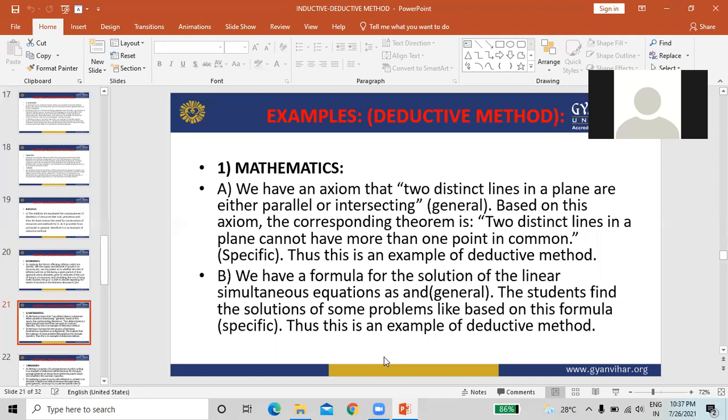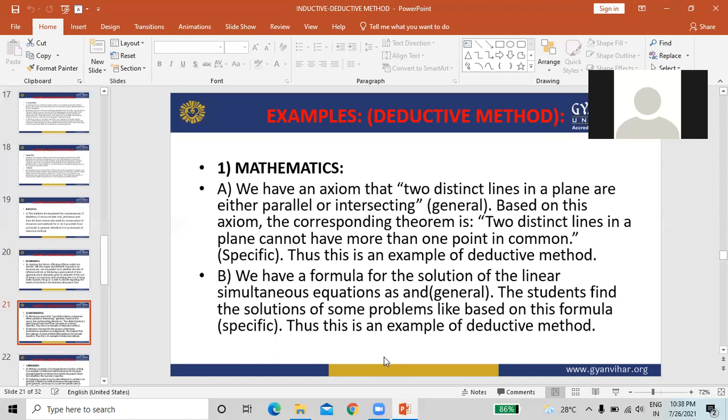Based on this axiom, the corresponding theorem is that two distinct lines in a plane cannot have more than one point in common.